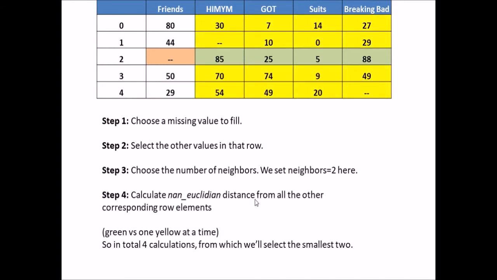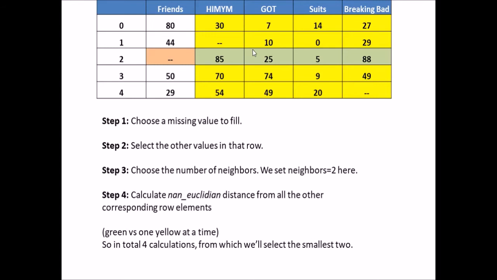Next, we will calculate the Euclidean distances from all the other corresponding row elements. So all the other corresponding row elements implies the ones highlighted in yellow. Okay, so since I'm imputing this value, I will forego this column, Friends column basically, and I will work on the other columns. And now I will basically compute the Euclidean distance between this particular row which I'm interested in, this second row, and from this row I will try to find the distances from other rows.